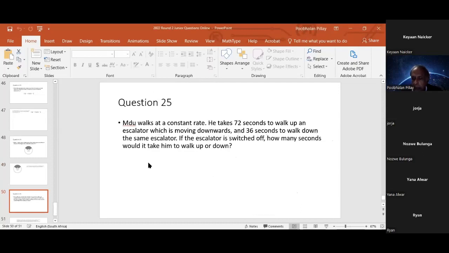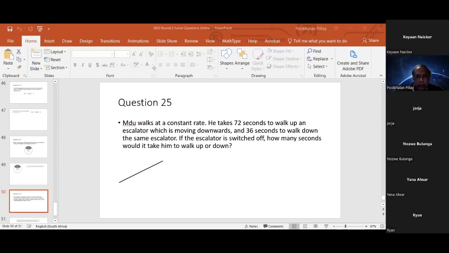Okay, so the last problem says, Mdu walks at a constant rate. It takes 72 seconds to walk up an escalator. Okay, I'm going to put the escalator as like a straight line, although it's not really, it's stepped. Okay, so it takes 72 seconds to walk up the escalator.